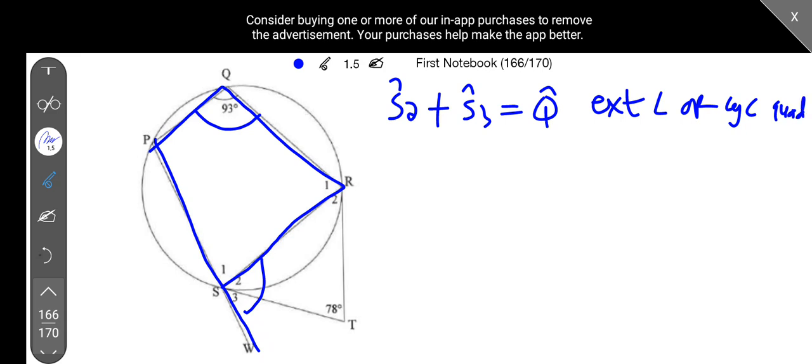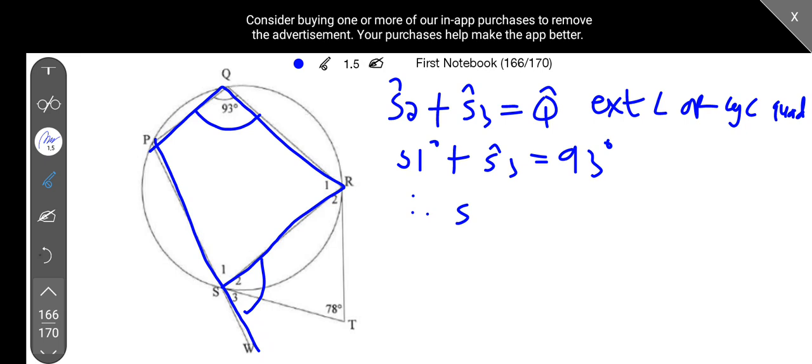Okay, so what is S2? We have found S2 in the previous example to be 51 degrees. So it's 51 degrees plus angle S3, which is equal to Q, which is 93 degrees, right?